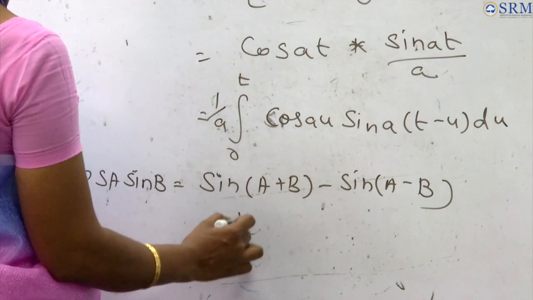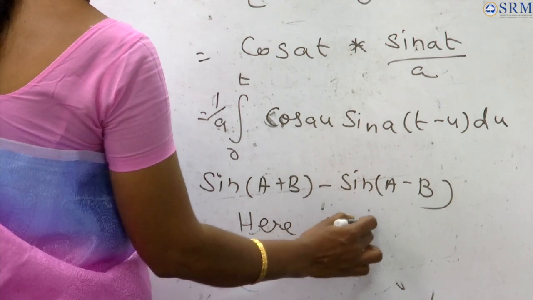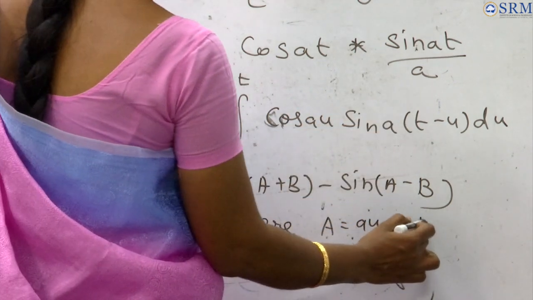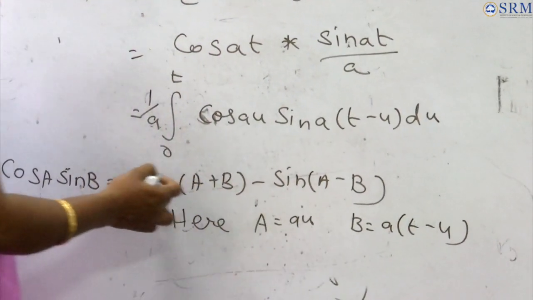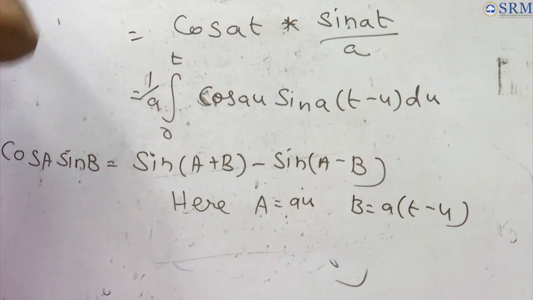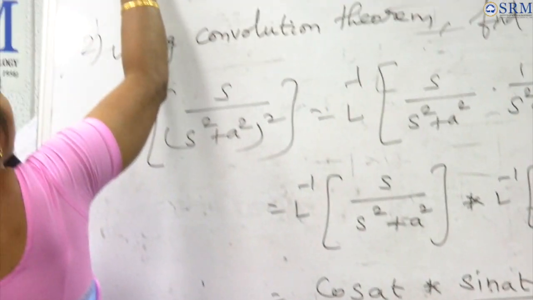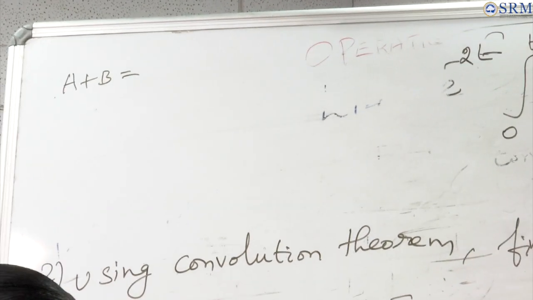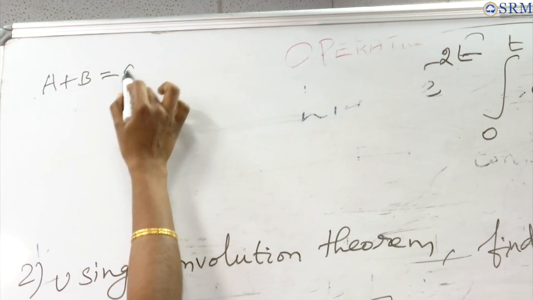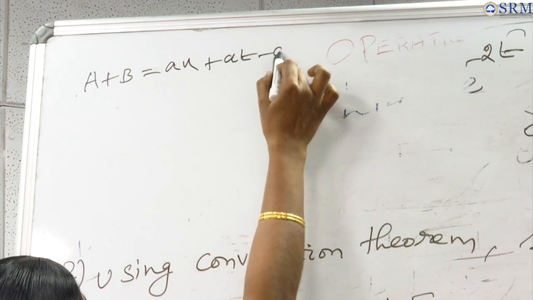So here capital A is equal to au, but b is a into t minus u. You find one as a plus b, another as a minus b. Find a plus b and a minus b separately, to avoid mistakes. First, a plus b is au plus at minus au.